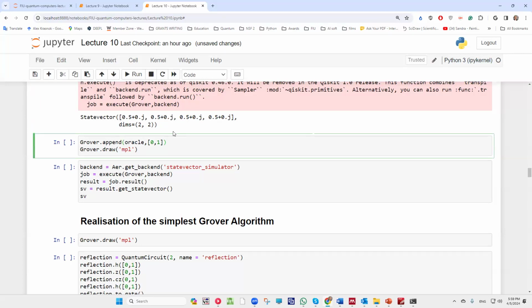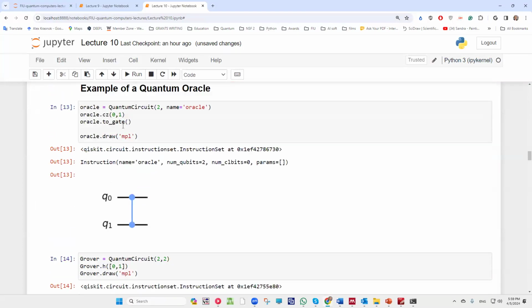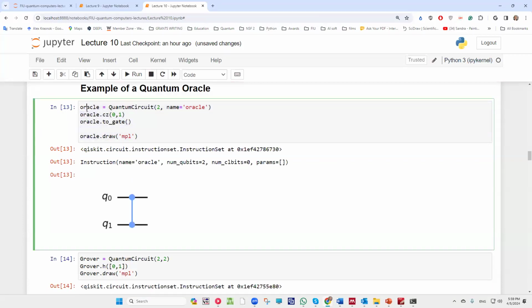So now we can add this oracle we created here. I didn't mention this before because we didn't need it, but using this function toGate, I can convert a piece of circuit into a gate. So I don't need to write this part of the code from scratch.